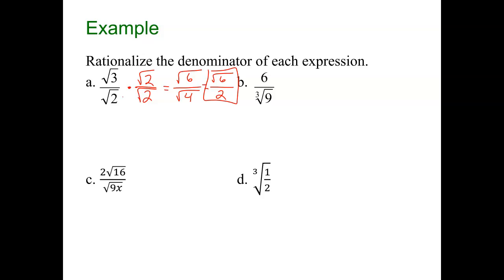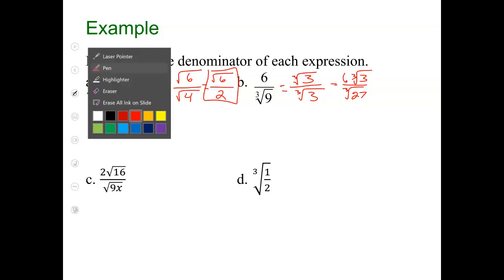Okay? When I'm looking at b, again, I want to multiply by the third root of something because I'm dealing with a third root. What can I multiply 9 by so that it becomes a perfect cube? By 3. Because what is 9 times 3? 27. And then 6 times the cube root of 3 is just 6 cube root of 3.